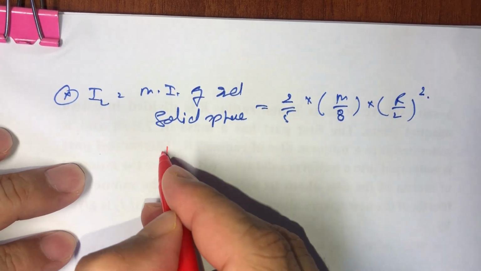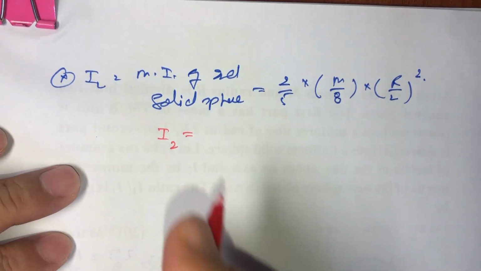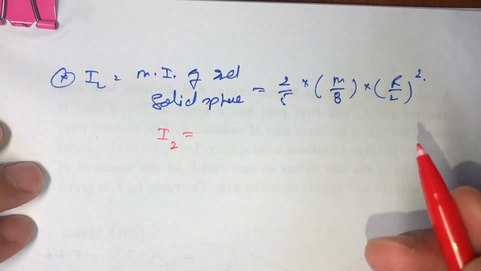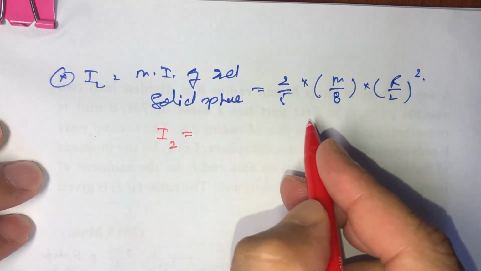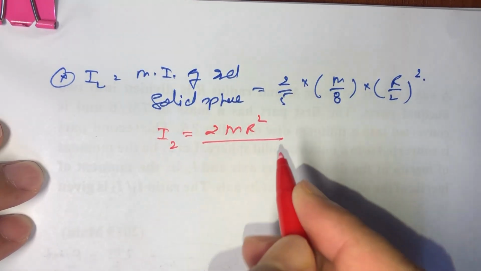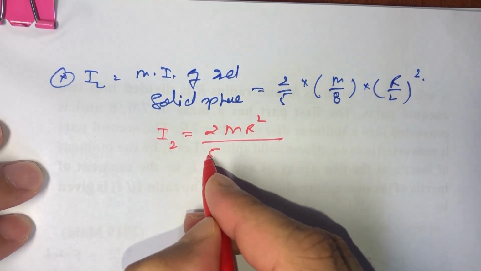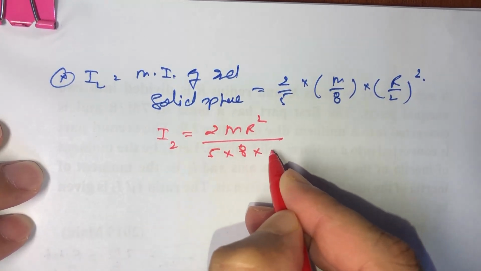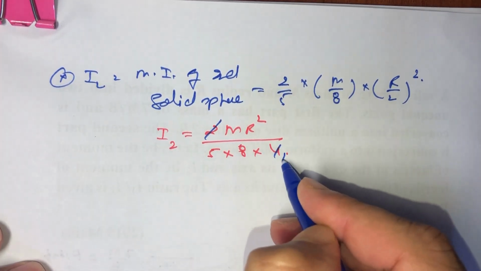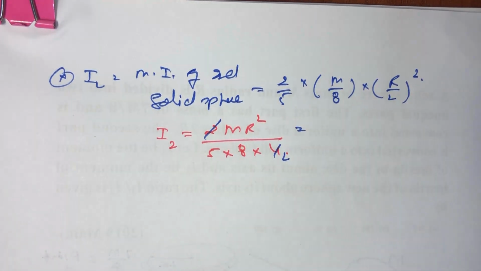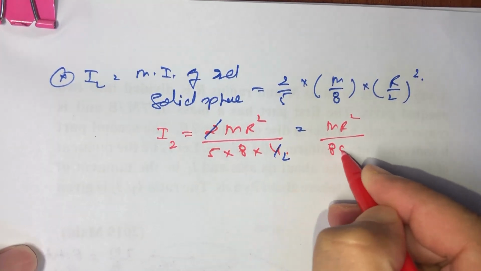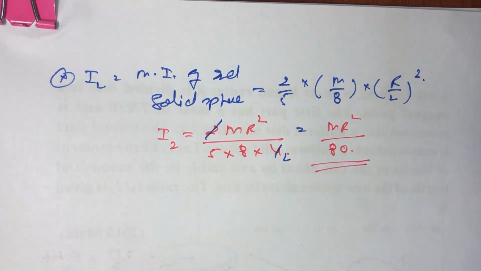So therefore I2 will be 2 m R square divided by 5 multiplied by 8 multiplied by 4. So this goes by 2, and we get m R square divided by 80. So this is the value of I2.